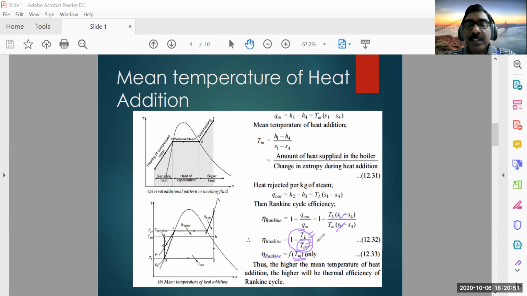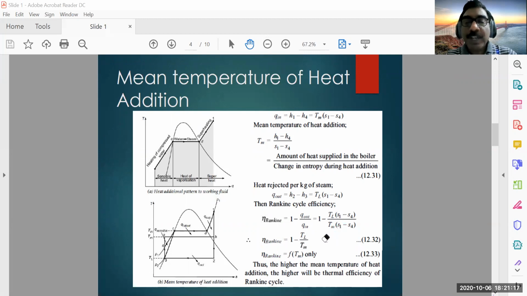If this quantity is increased, the efficiency will increase. So our aim is to improve this Tm so that the efficiency will be increased. Thus, the higher the mean temperature of heat addition, the higher will be the thermal efficiency of the Rankine cycle. This is the point you have to understand.